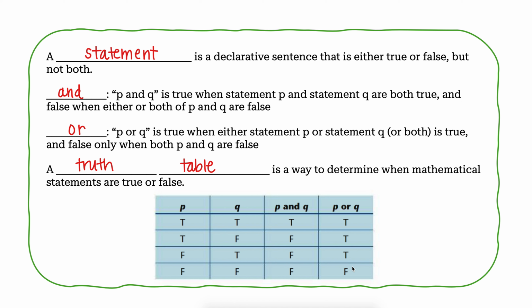The only time the "or" statement is false is when P and Q are both false. Neither of them is true, so the "or" statement is false there. In the other 3 scenarios, the "or" statement is true because at least one of P or Q is true. So that's what our truth table gives us.